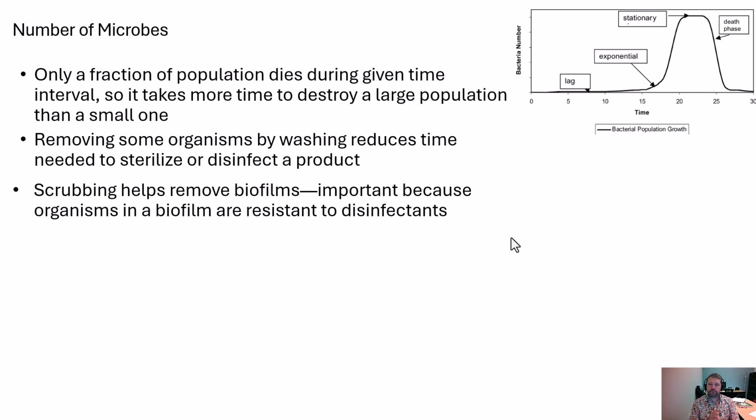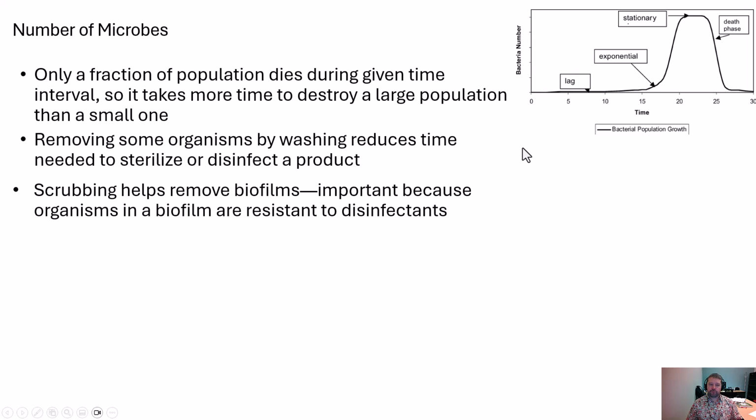Apart from that, it's also how we deal with the microbe initially. And so what we've found out for many processes, whether we're sterilizing or disinfecting, a huge benefit to that process is to wash first. And that washing of that material first not only allows us to get colonies or populations in kind of this lag exponential region, it also allows us to remove biofilms.